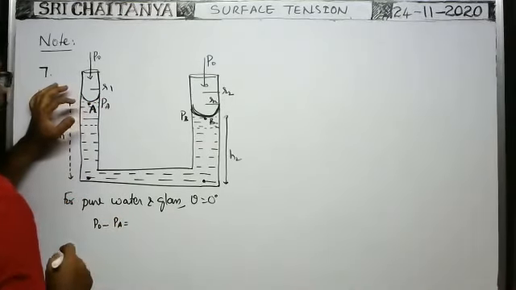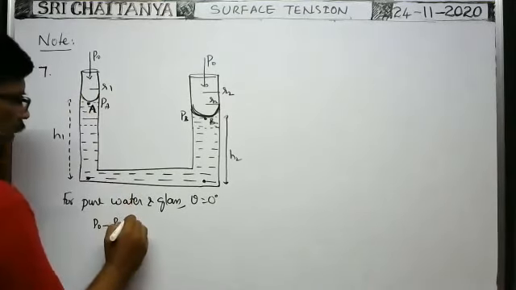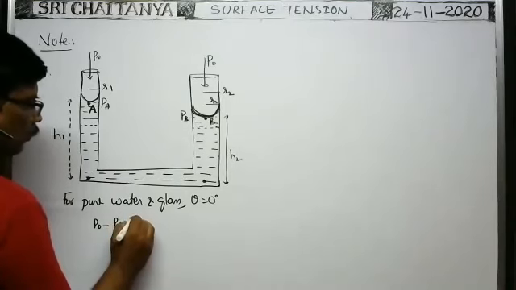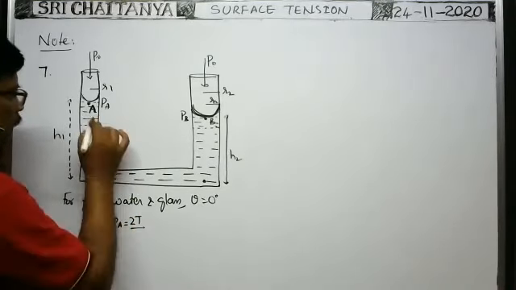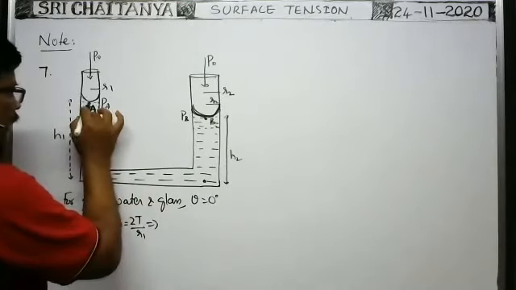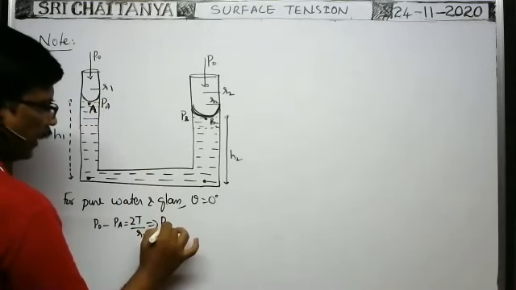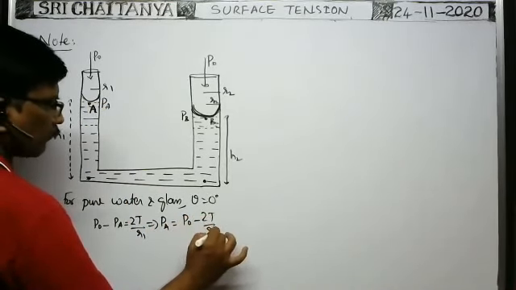That is the excess of pressure, which, as it has one single concave surface only, is equal to 2T by R1, where T is the surface tension of the liquid and R1 is the radius of the meniscus. From this, the pressure at the point A just below the meniscus is PA equals P naught minus 2T by R1.